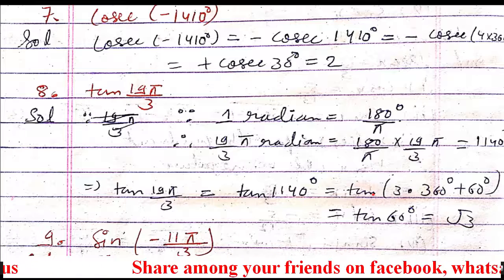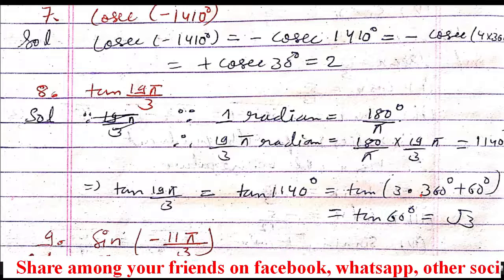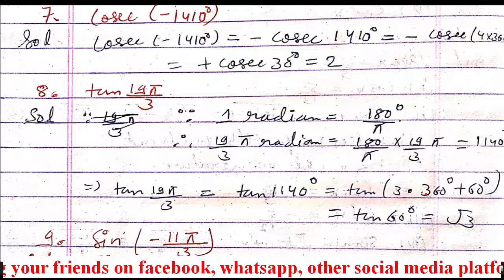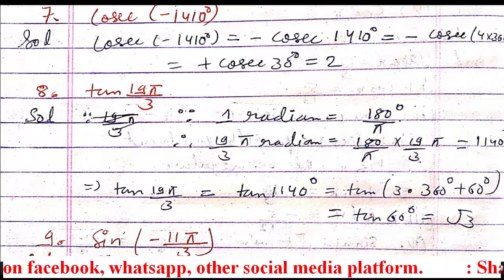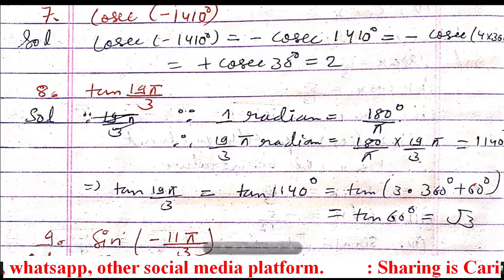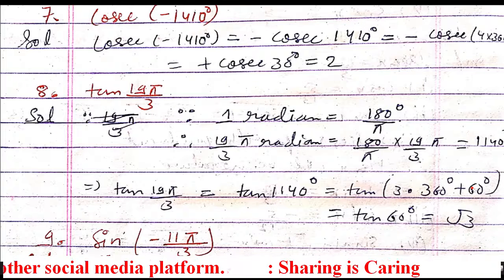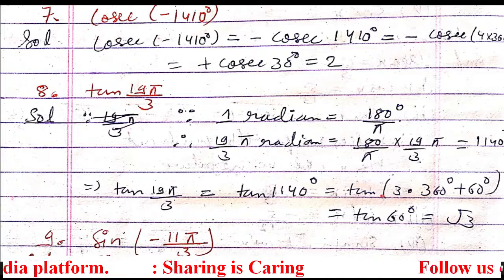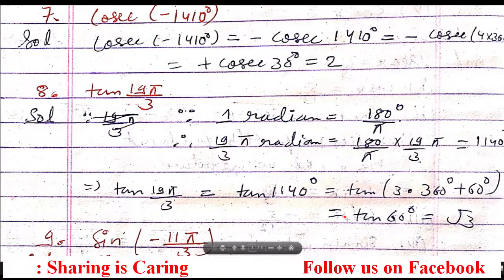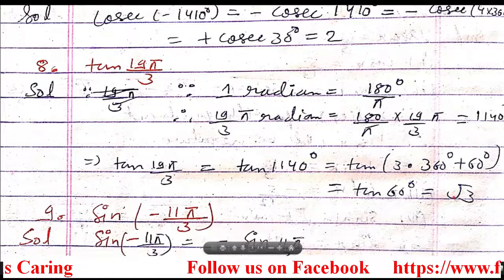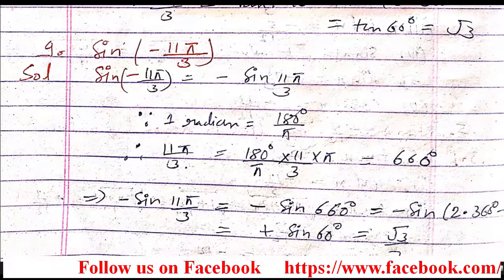Because it's 360, 360 means no change, so tan remains tan, and 360 plus 60 will move in the first quadrant. In the first quadrant all trigonometric ratios are positive, that's why it's going to be positive, so it's only root 3.